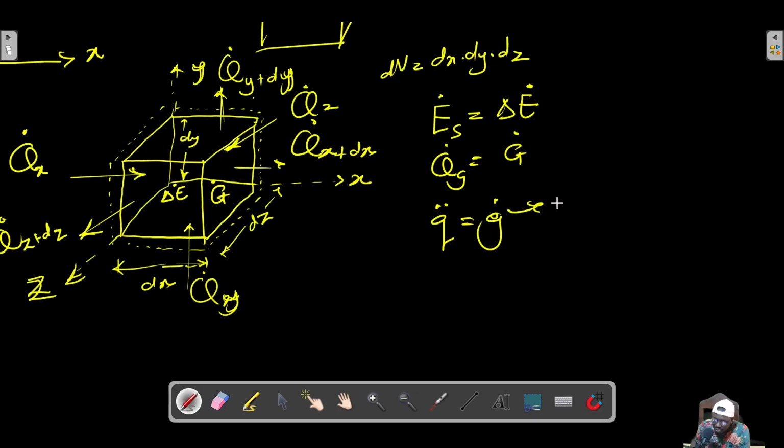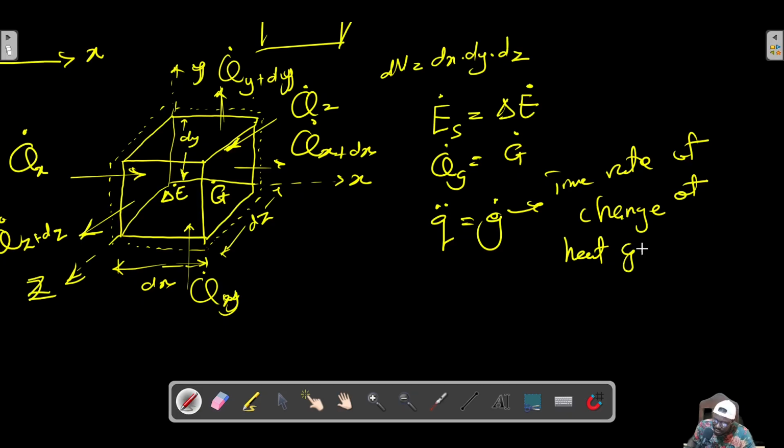So this is the time rate of heat generation. Not time rate of change, the time rate of heat generation instead. The time rate, there's no change here.